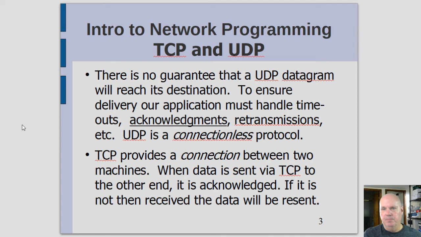Okay. There's no guarantee that a UDP packet reaches its destination. So if you use UDP, you have to build in your own acknowledgement, retransmission, and things like that. You just send data out with UDP. You don't have to establish a connection and then end a connection. With TCP, you do.